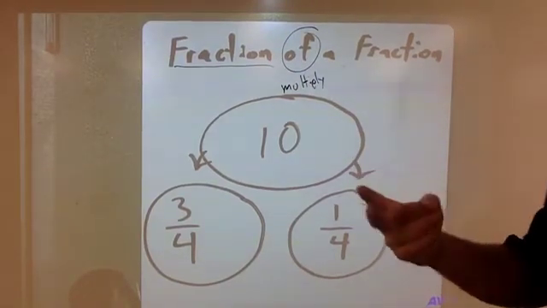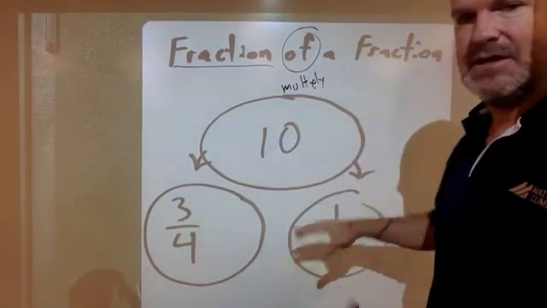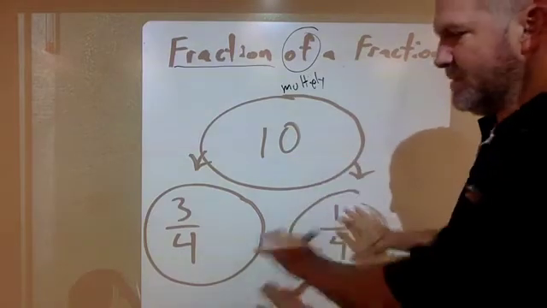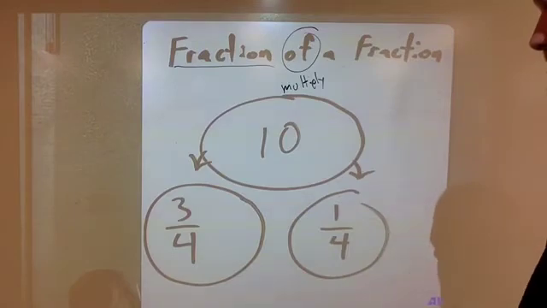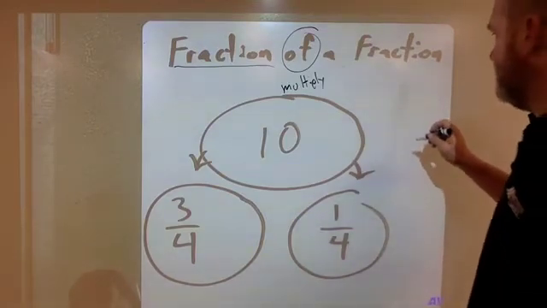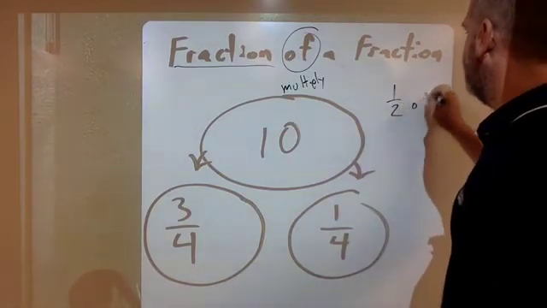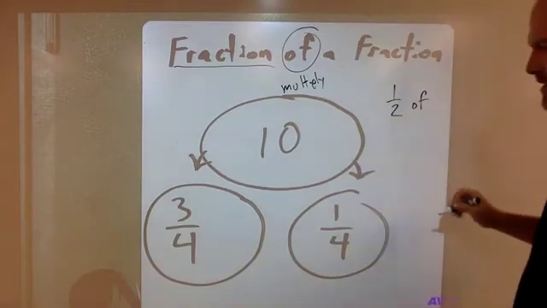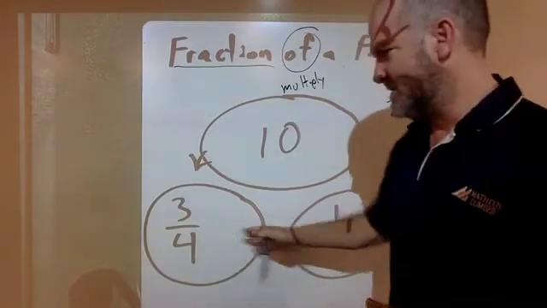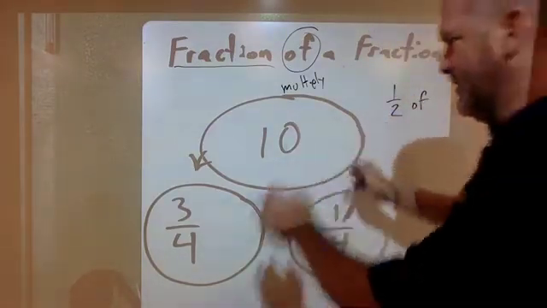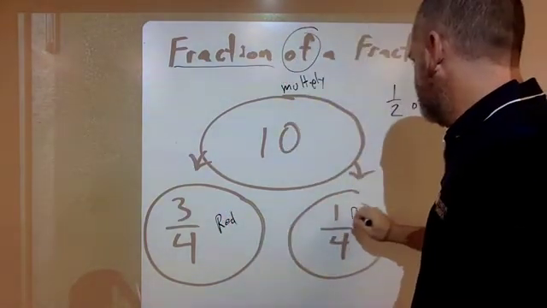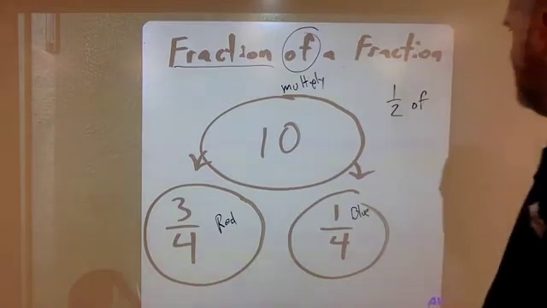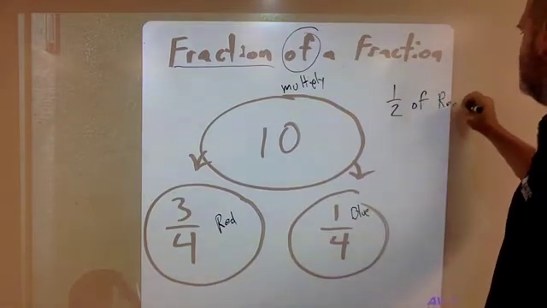So it's a 2-step problem. The first step is this. Split your group into two smaller groups, and then take a fraction of one of those groups. So it might say 1/2 of, it won't specifically say a number. So let's say you split your groups up into red and blue. It might say 1/2 of red.